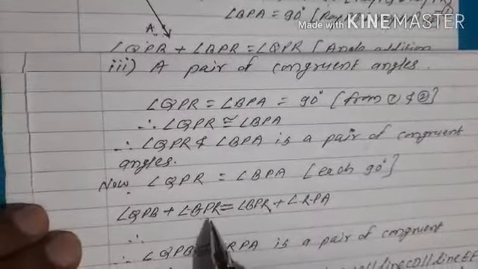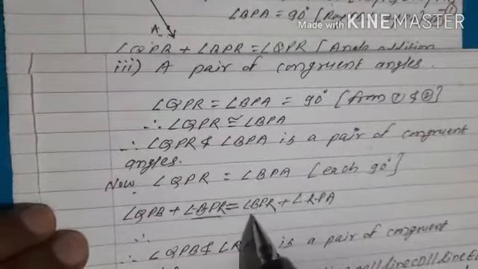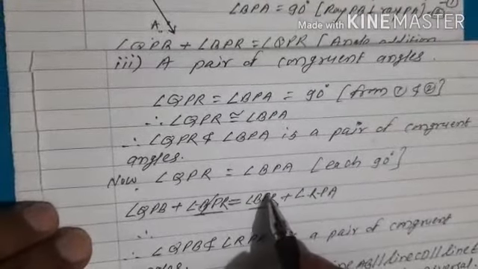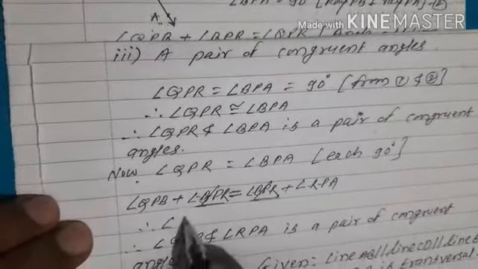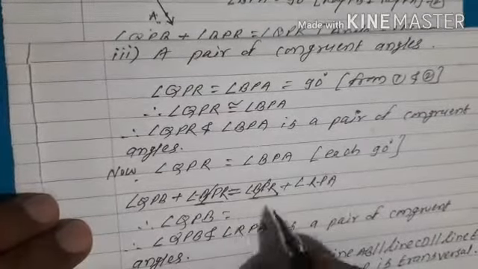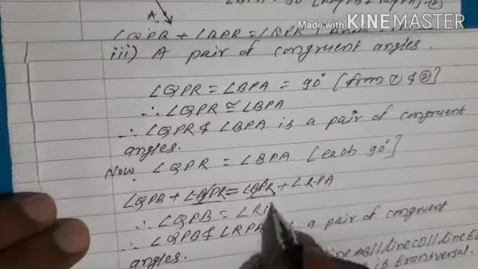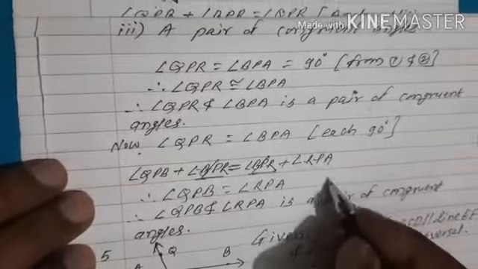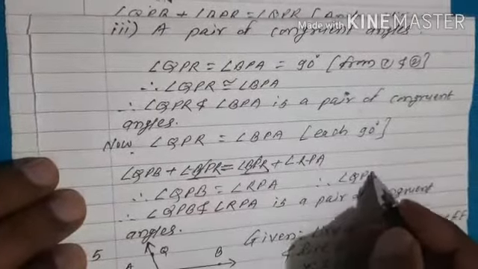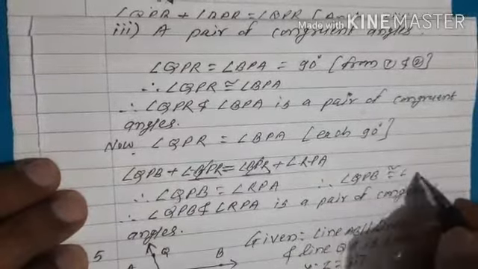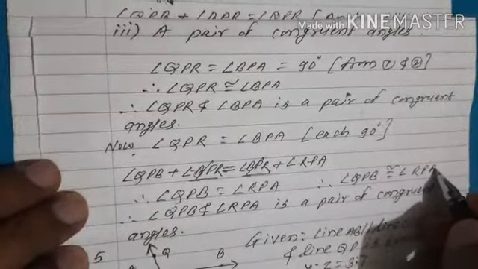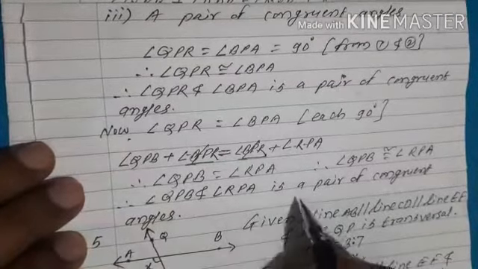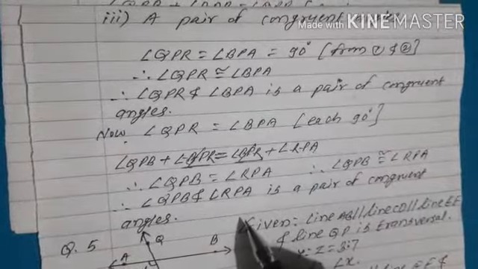Here angle BPR and this angle BPR are the same, therefore you eliminate this. Therefore angle QPB is equal to angle RPA. Here measures are equal, therefore angle QPB is congruent to angle RPA. Therefore, angle QPB and angle RPA are a pair of congruent angles.